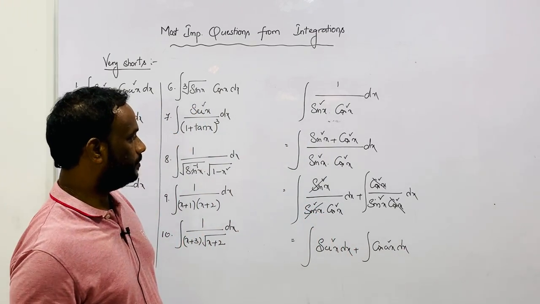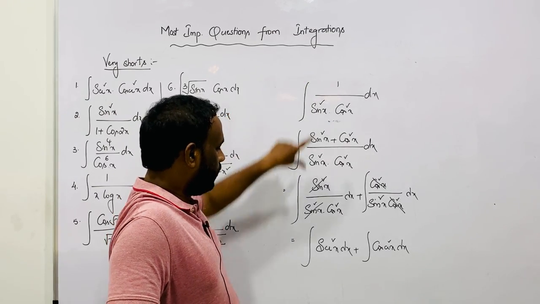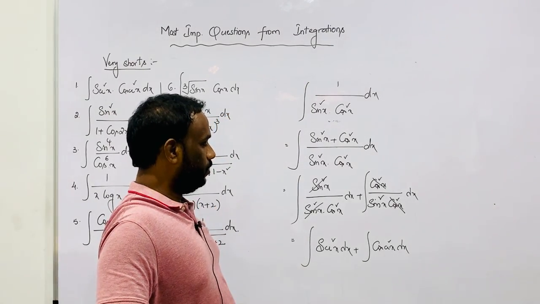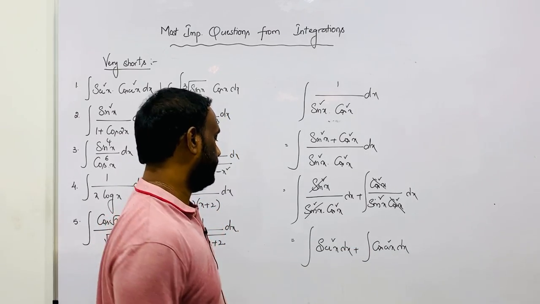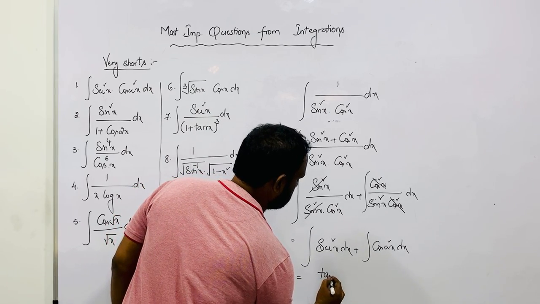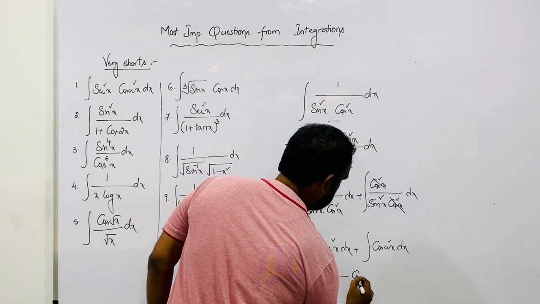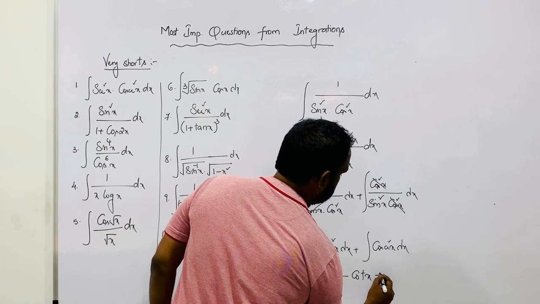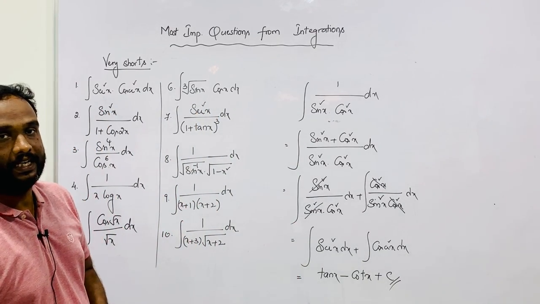So here if you observe, the integral has changed from an unknown form into a known form. Here you know the formulas for both secant square x and cosecant square x, that is integral of secant square x dx is tan x and integral of cosecant square x dx is minus cot x plus c, where c is the constant of integration.